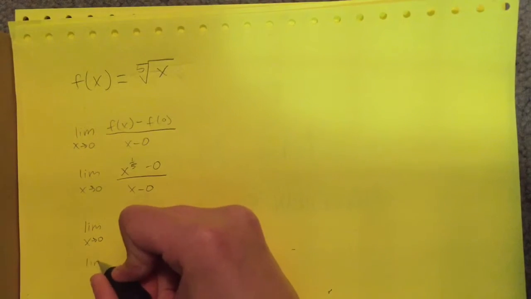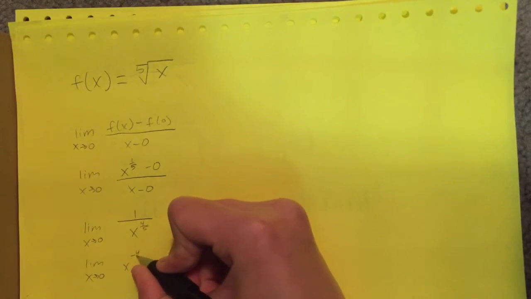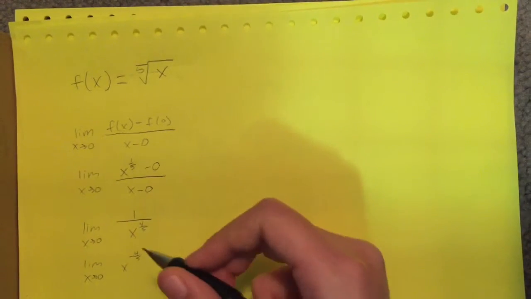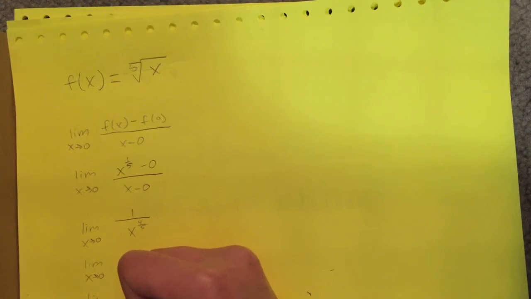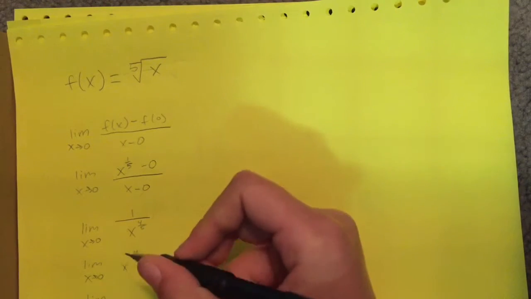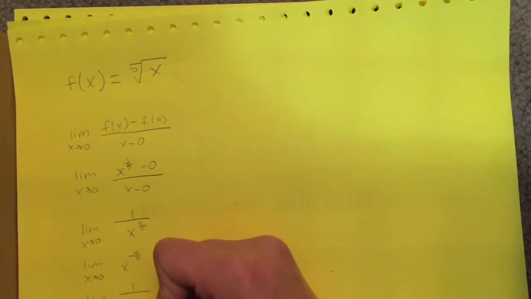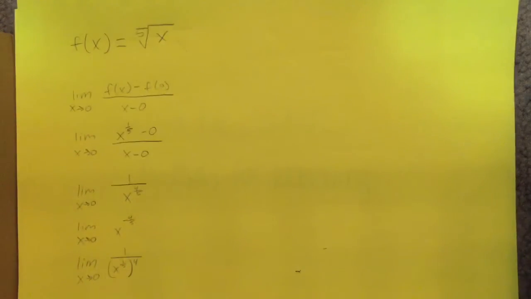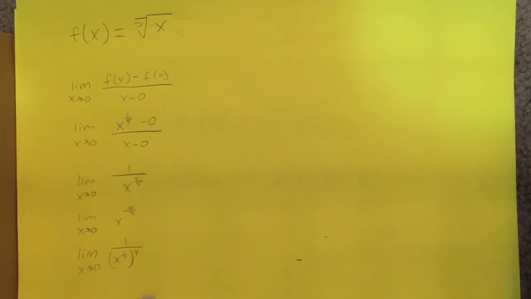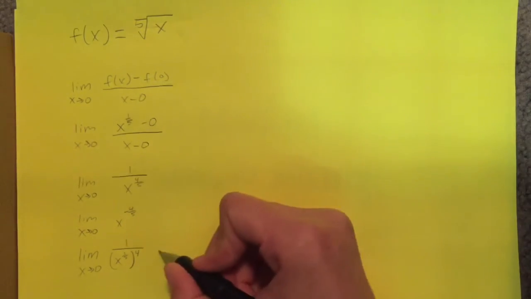And this is equal to the limit as x goes to 0 of x to the negative 4/5, by moving this to the numerator. And this would equal the limit as x goes to 0 of 1 over x to the 1/5, to the 4th. Oops, sorry about that. And this would just equal infinity.